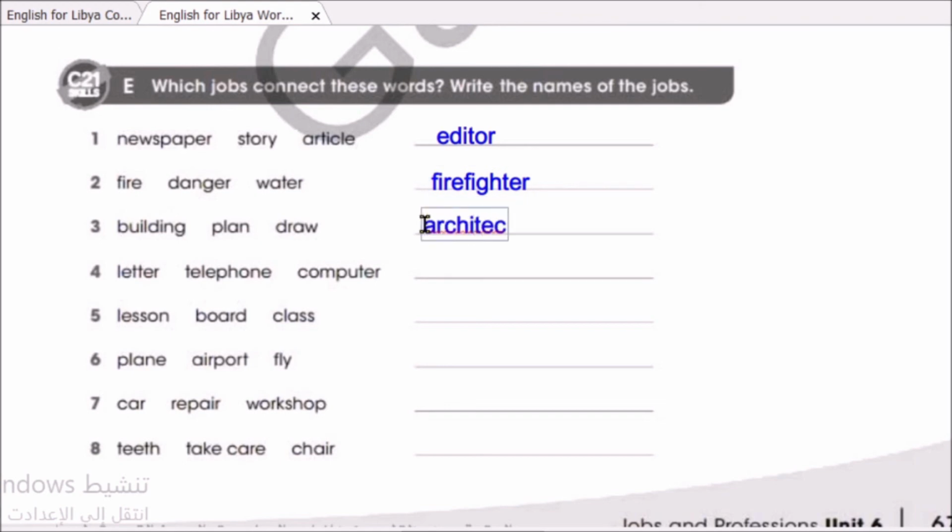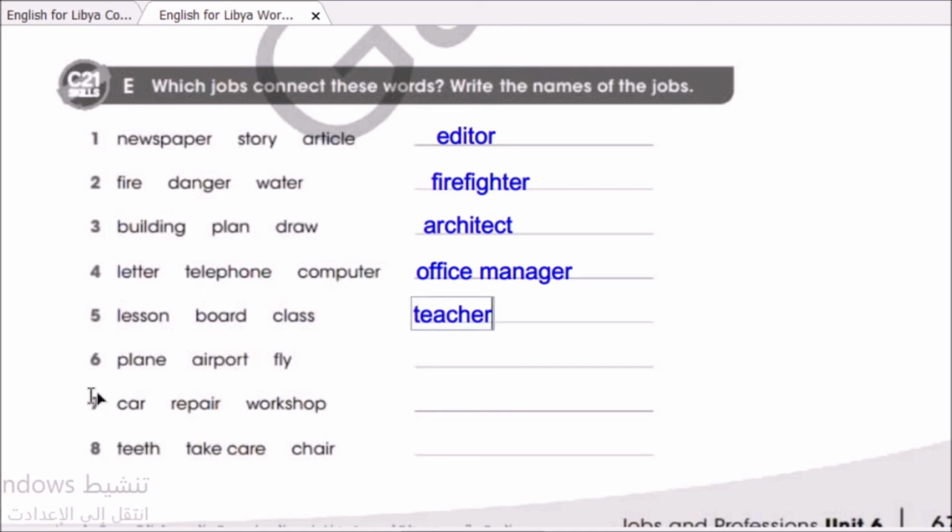Very good. Number 4, letter, telephone, computer. Very good. Office manager. Good job. Number 5, lesson, board, class. Very good. Teacher. Good job.